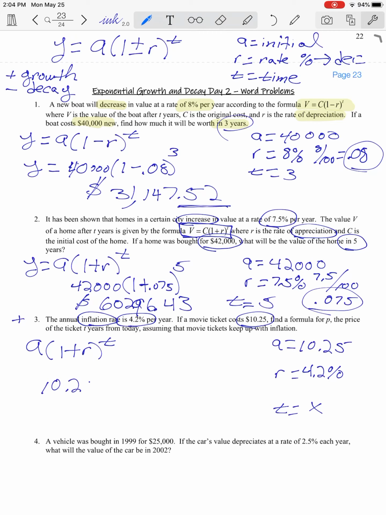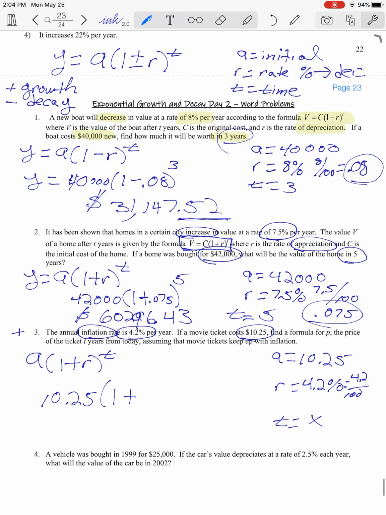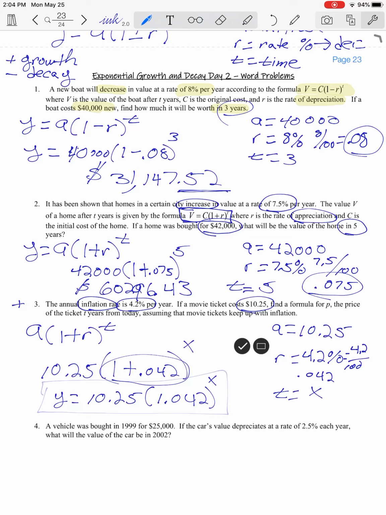So I put in my original amount, 1 plus, here we have to change this to a decimal, 4.2 divided by 100. That is going to give you 0.042. To the X power. Now, you can leave it like that, or you can clean this up right in here. What's 1 plus 0.042? 1.042 to the X power. There's your equation. Done.